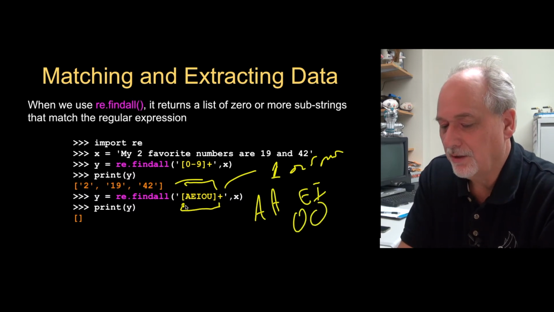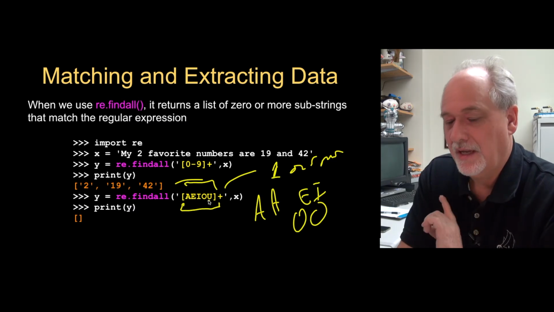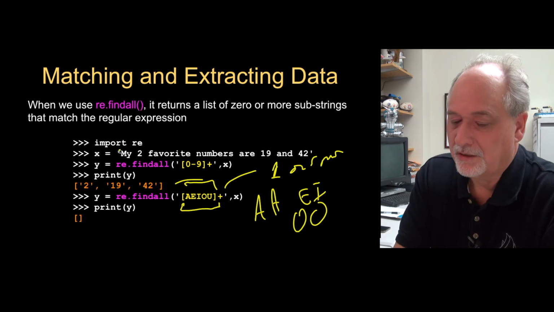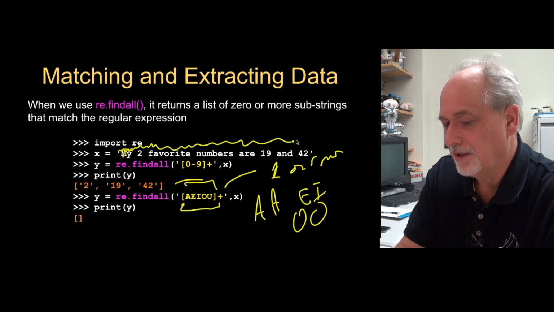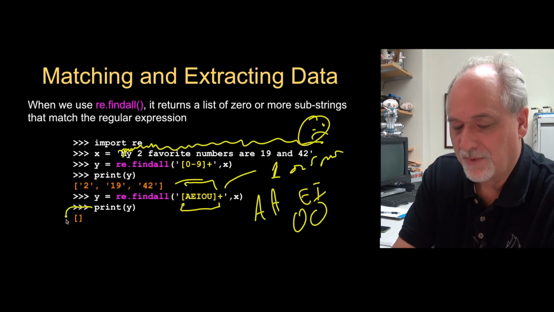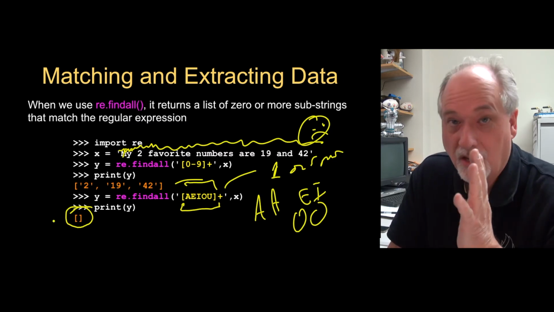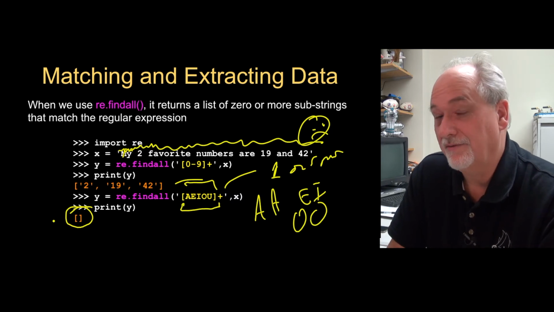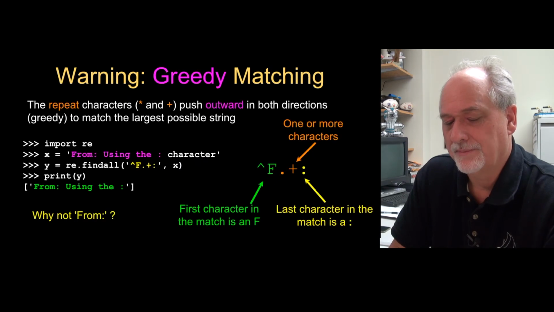But it's looking for 1 or more uppercase vowels. Do you find any? Oh, there's an uppercase, but it's an M. No, no uppercase, no uppercase. Found nothing, and so it gives us back an empty list. Find all the things that match this, and the answer is none matched. Here's your list of nothing. And so you have to check, even if you got something, because it's not going to return you false. It returns you a list with no items in it.